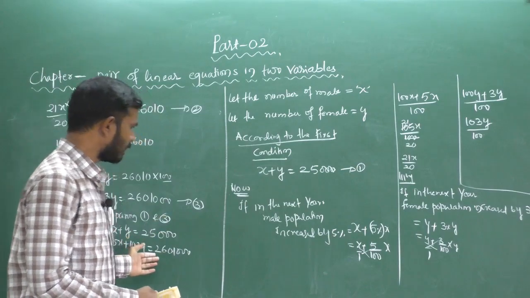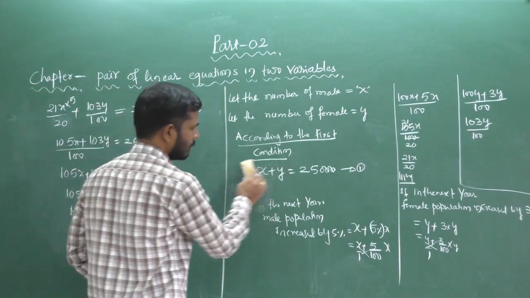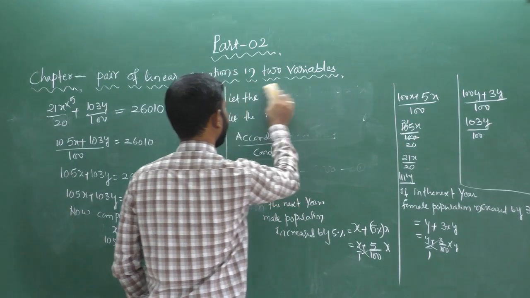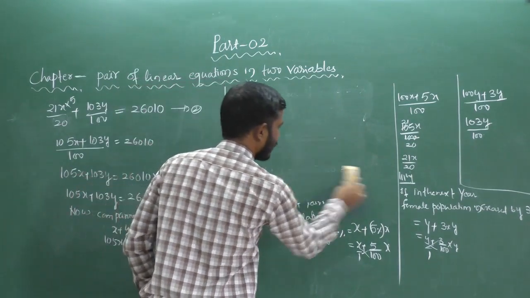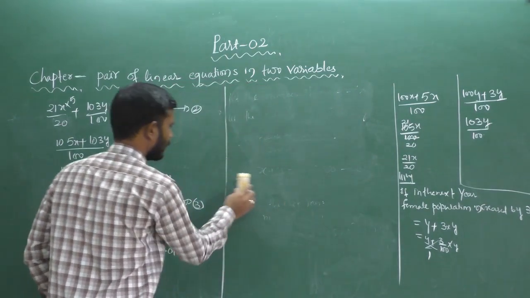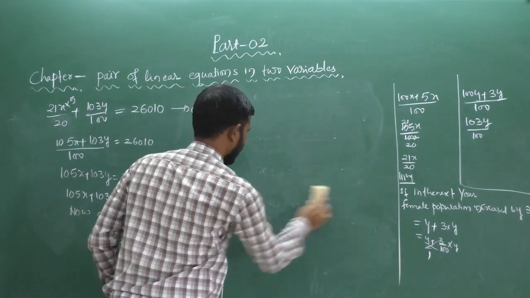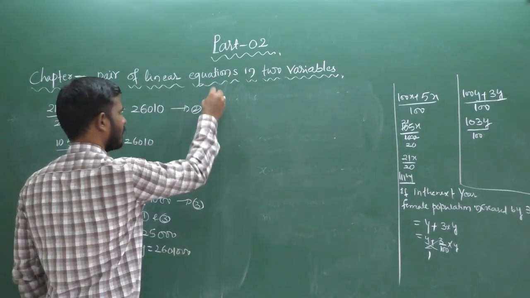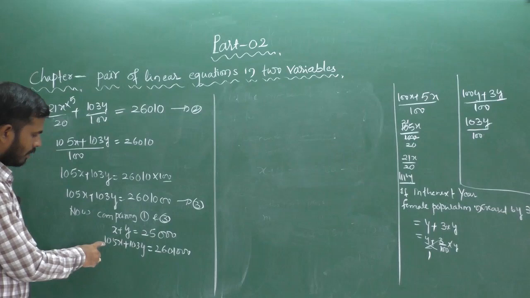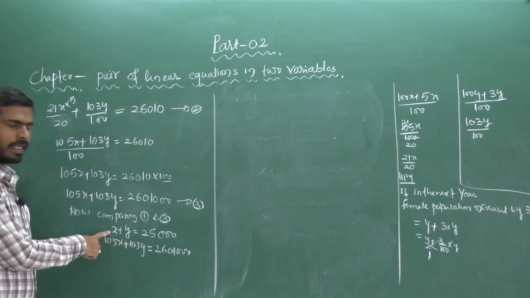So now this step I am writing here. Let us see the next step, that is the elimination method. Here 105 is given, and this is also only x given.